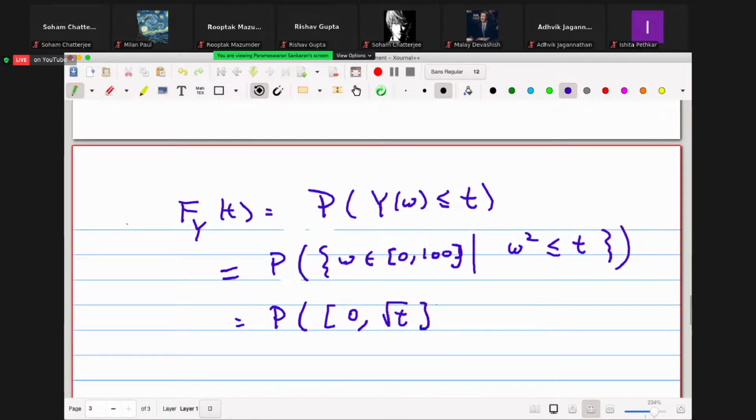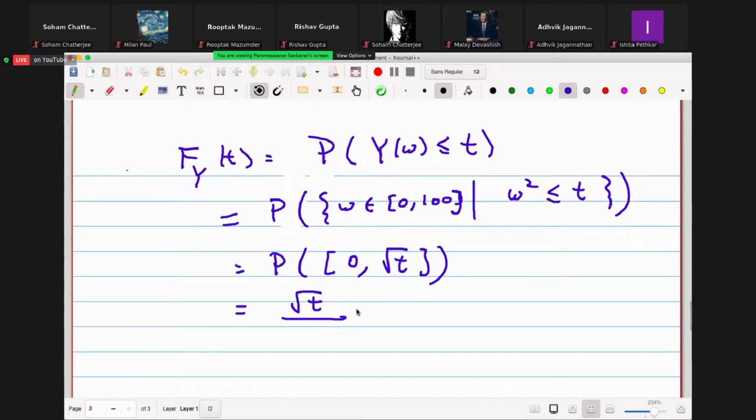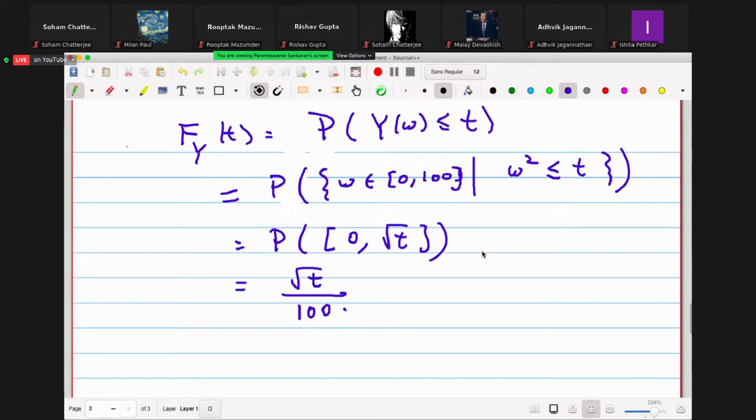And this set has probability root of t divided by 100. Here is where I need to be careful. If t is greater than or equal to 0, I need to say this very carefully.